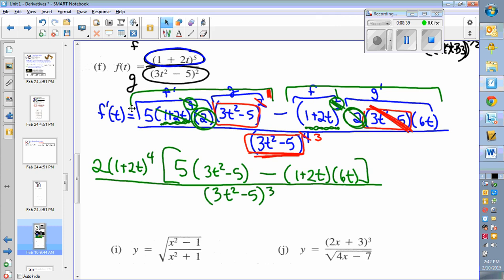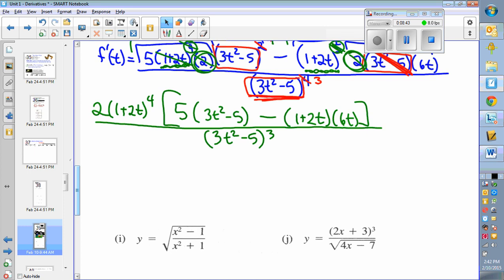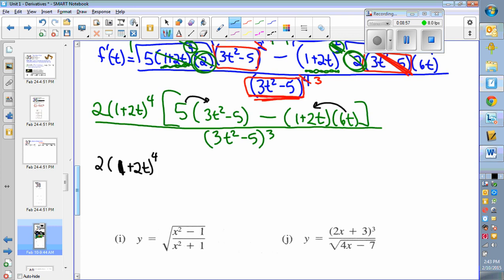Well, it's not so bad now because we've simplified. We've hauled so many large powers out and canceled others. We're just going to multiply the 5 in, multiply the 6t in, and cram that down. So 2 bracket 1 plus 2t to the 4th.